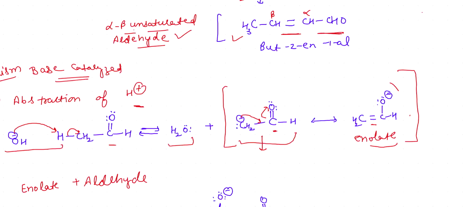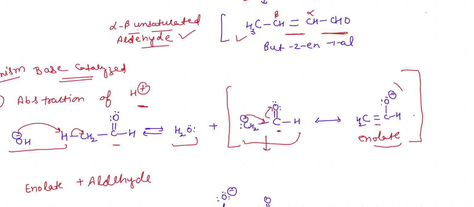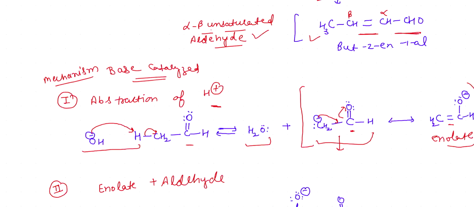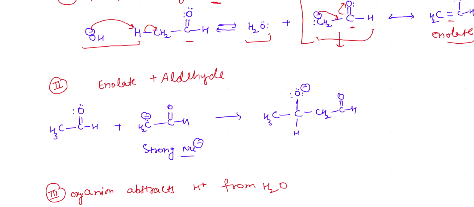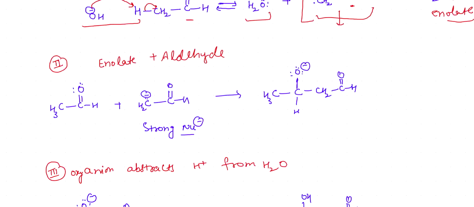Now, what is the next step? In the next step, the enolate formed, being a strong nucleophile, will react with another molecule of acetaldehyde. When it attacks acetaldehyde, there will be an electron shift between this carbon and oxygen, and the electrons will be shifted towards this oxygen.